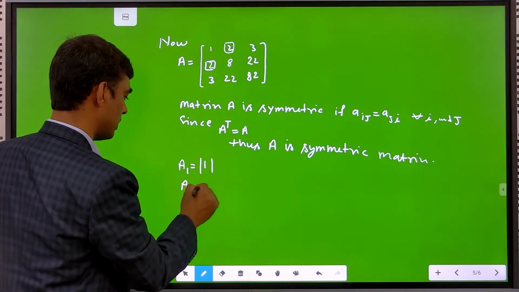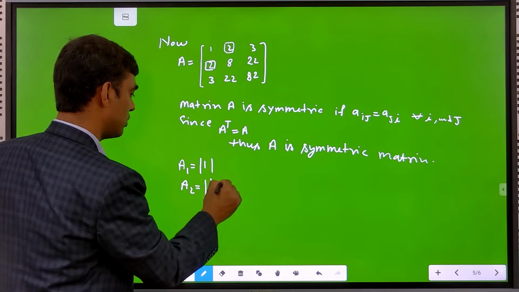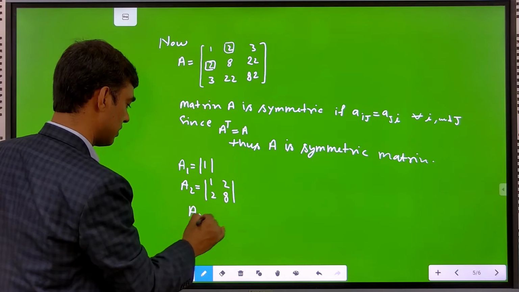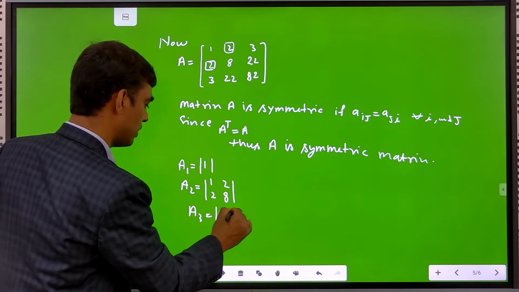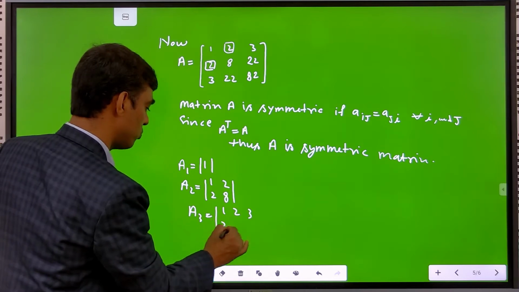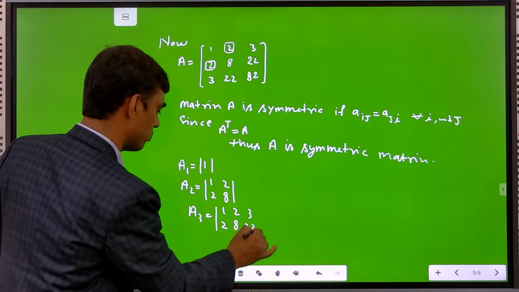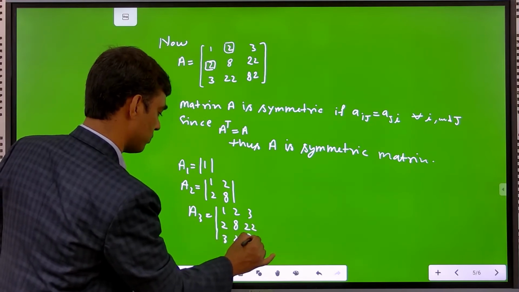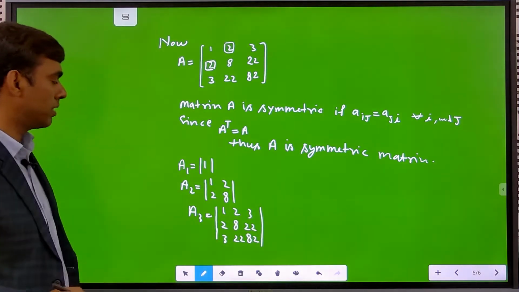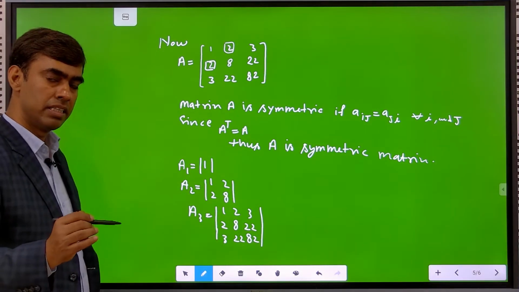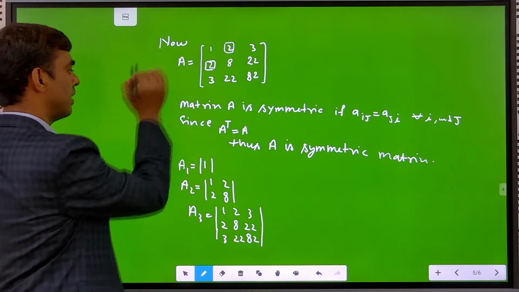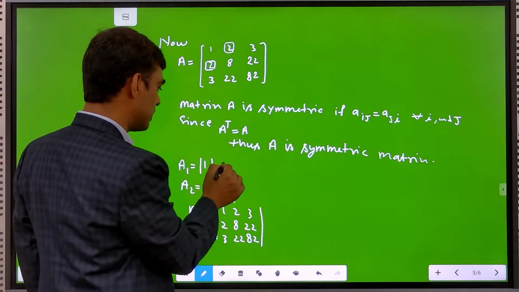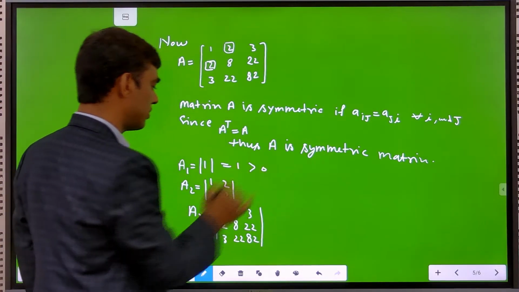A2 is the determinant of 1, 2, 2, 8. A3 is the determinant of 1, 2, 3, 2, 8, 22, and 3, 22, 82. Here A1 equals 1, which is greater than 0.